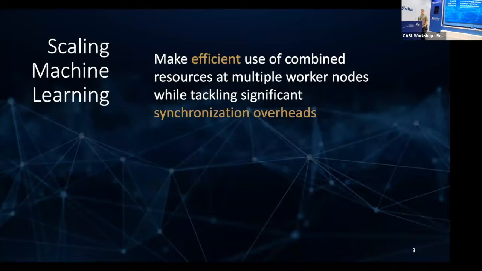As we grow with scale, we want to make very efficient use of multiple resources so that we can train large models using massively parallel amounts of GPUs over multiple worker nodes. But this unfortunately incurs significant overheads due to network communication.